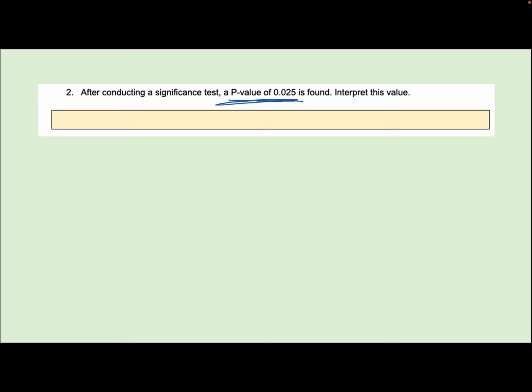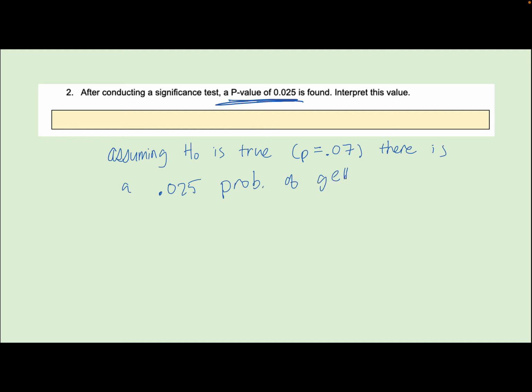So what this would mean is that assuming our null hypothesis is true, and I'm just going to state what that is, that p is equal to 0.07, there is a 0.025 probability of getting a p-hat of 0.12 or greater just by chance.